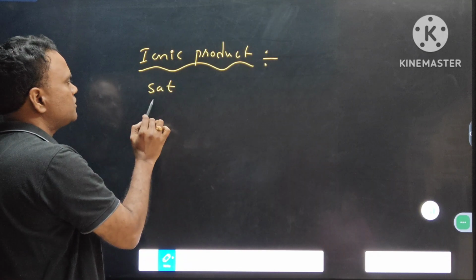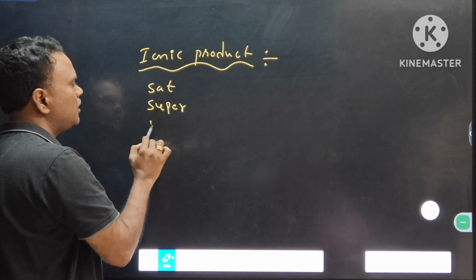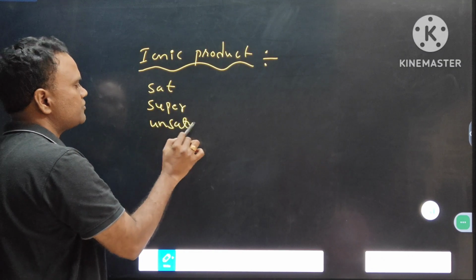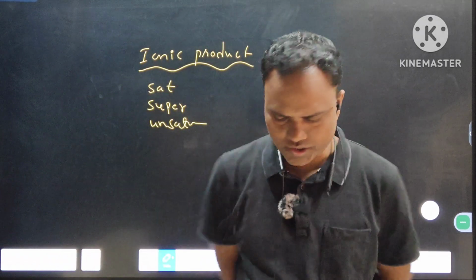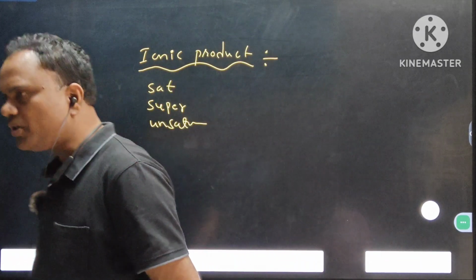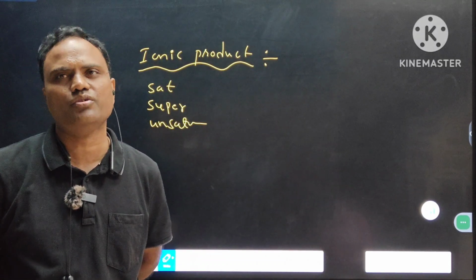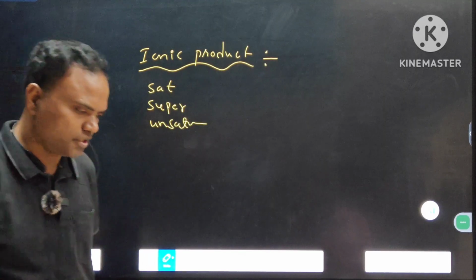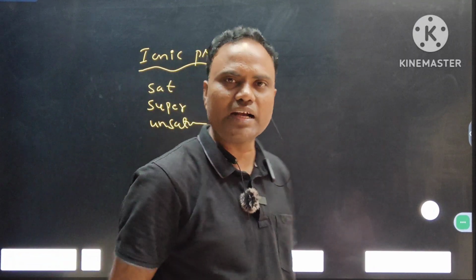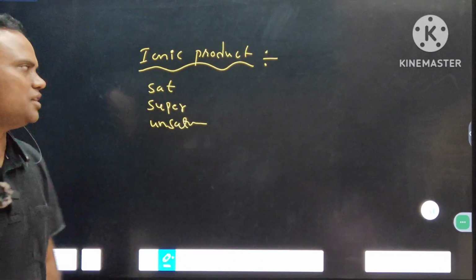See, saturated, supersaturated and unsaturated. You have these types of solutions: saturated solution, unsaturated solution, supersaturated solution, right? Solubility product is the definition applicable for saturated solution only. In the solubility product definition, what we discussed is the product of concentration of cation and anion in a saturated solution. Clear?